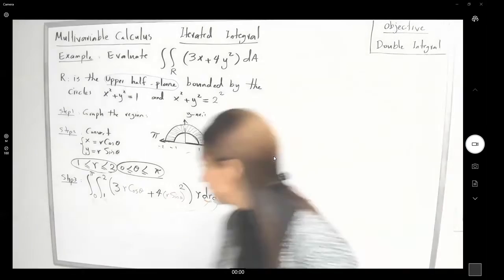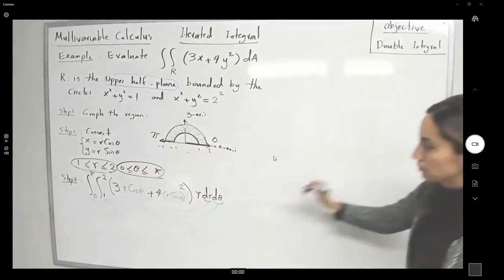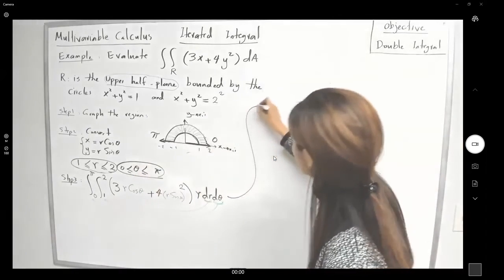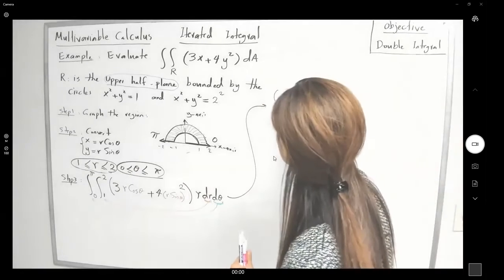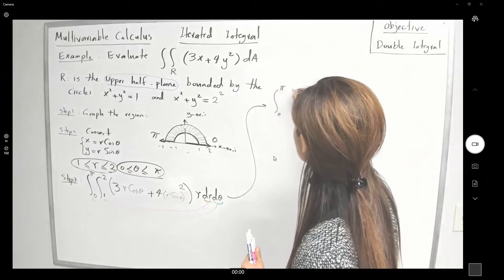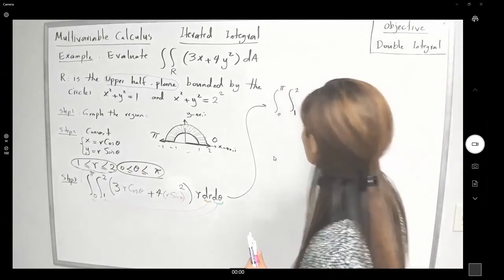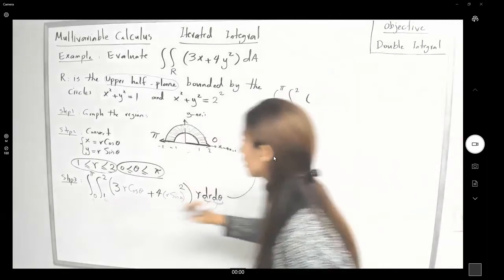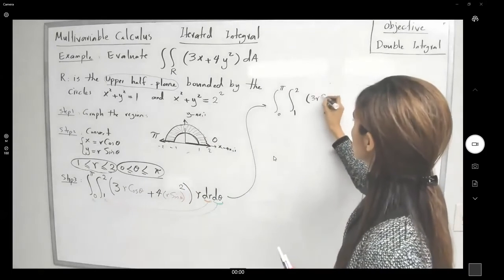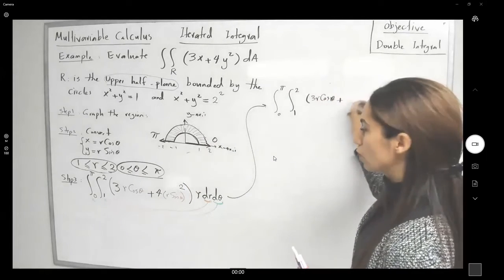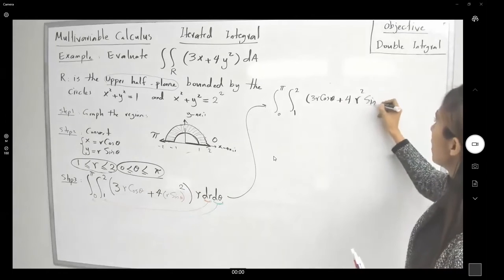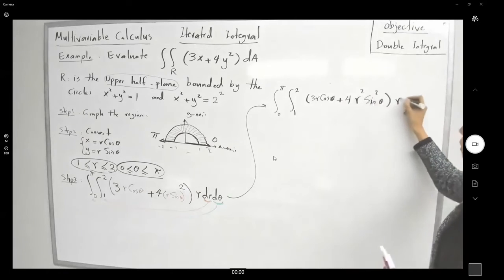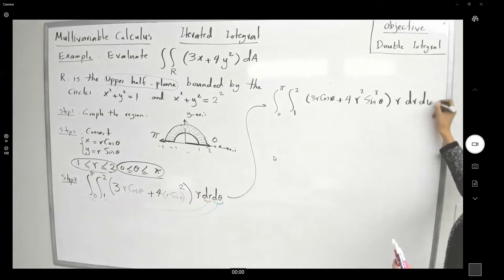Well, okay. How do we solve this integral? Let us try to simplify this first. We have integral 0 to pi and 1 to 2. Here we have 3r cosine theta plus 4r squared sine squared theta, r dr d theta.